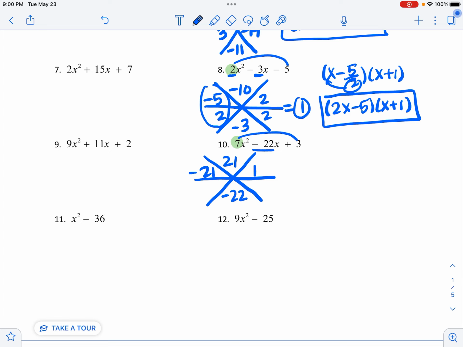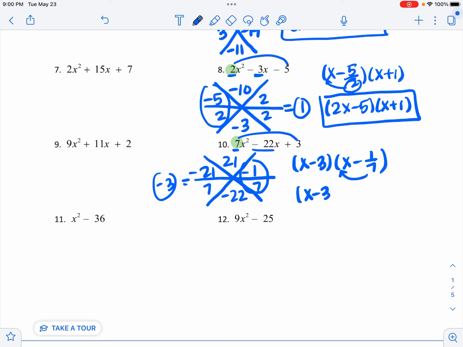But to make it a negative 22, let's make them both negative. Now dividing by my leading coefficient, this gives me a negative 3 on the left, and this does not reduce. It's still a negative 1 over 7. So this guy factors to x minus 3 times x minus 1/7. But again, you don't want to leave it as a fraction, so let's move the 7 up, giving me x minus 3 times 7x minus 1.